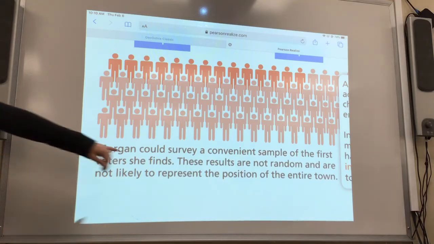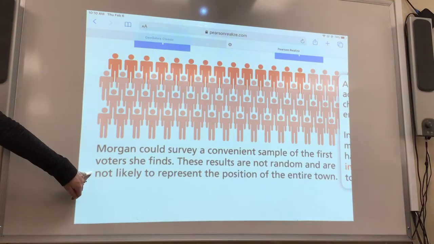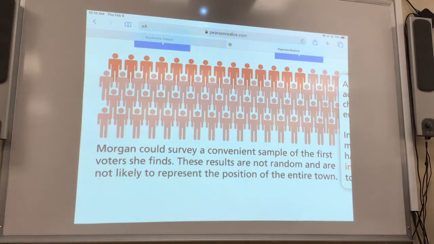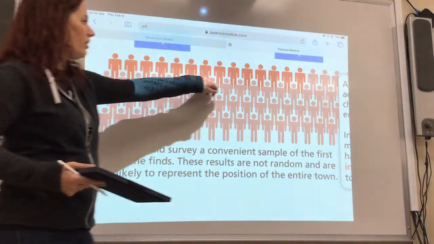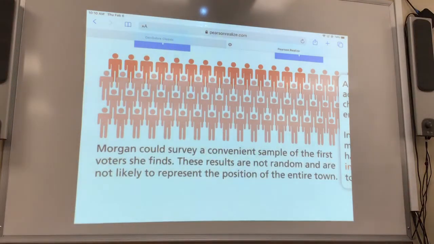Okay, so these results are not random and are not likely to represent the entire population. That would not be a random sampling, because if you look in this list, she asked all the first 15 people that she saw. That's easy, but it's not random.